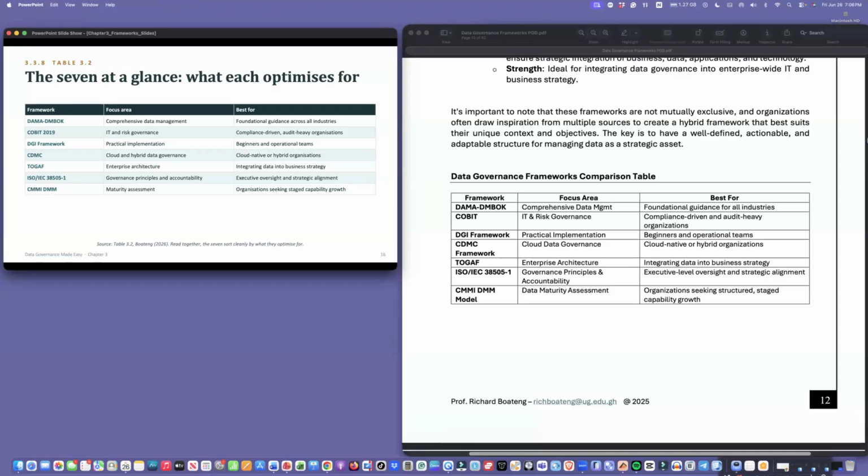Now, if I want to build a comprehensive baseline framework that will serve all the 68 branches of my rural bank, of my microfinance company, I will want to use a DAMA DMBOK to establish the foundational governance across all the 68 enterprises, or 68 microfinance institutions which belong to the mother institution called maybe Medium Finance.